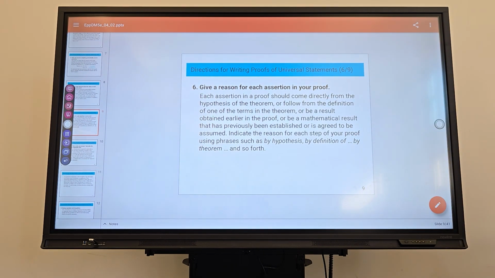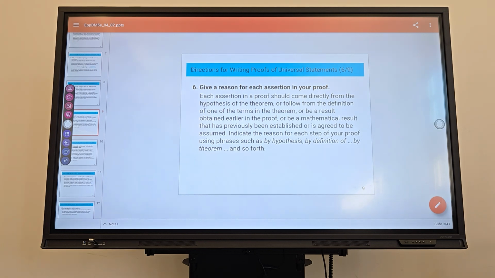Give a reason for each assertion in your proof. Each assertion in a proof should come directly from the hypothesis of the theorem, or follow from the definition of one of the terms in the theorem, or be a result obtained earlier in the proof, or be a mathematical result that has previously been established or is agreed to be assumed.